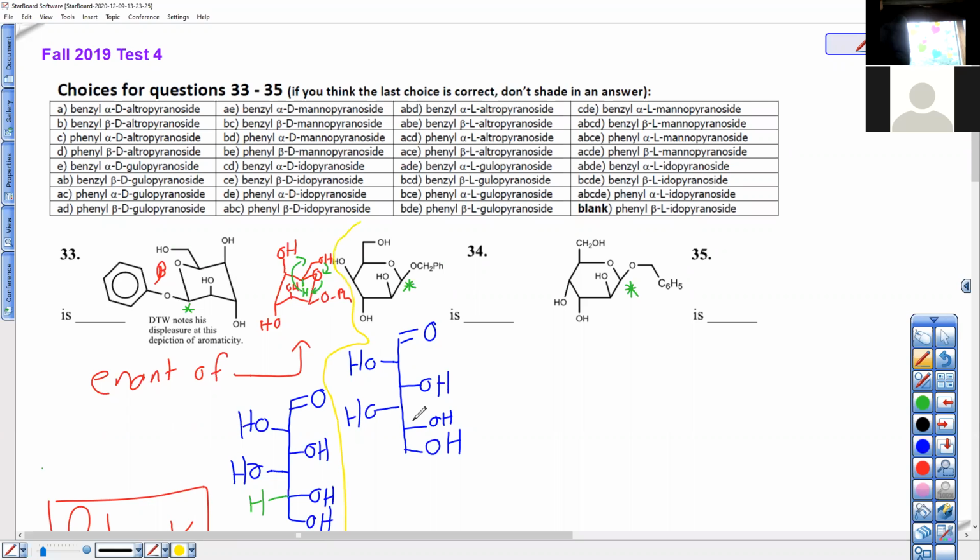I'm pretty sure that's just straight up D-idose. And it's a beta benzyl. Up, beta. So benzyl idopyranoside. Beta D. It's a D. There you are. Benzyl beta D idopyranoside, right?